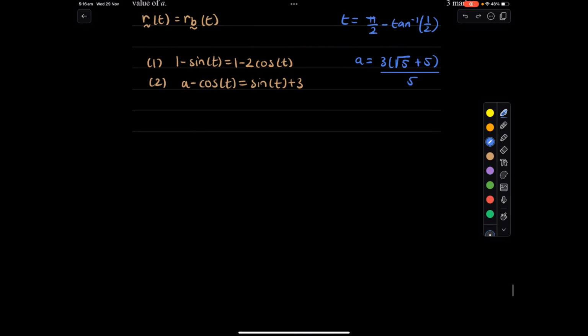So if you're too confused to do that, for example, what does this actually represent? Remember, this is an angle and pi over 2. So imagine drawing this. Imagine pi over 2, which in this case is this over here, minus an angle, which is tan inverse of 1 over 2, to get this angle here.